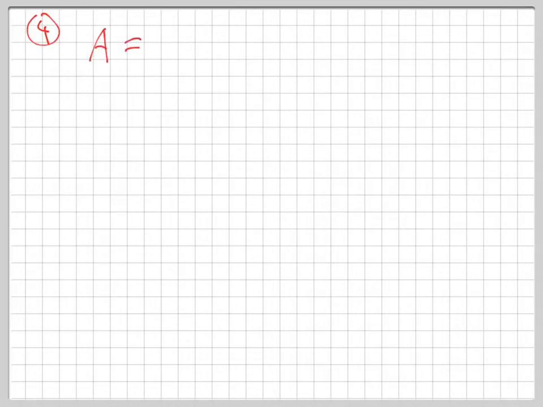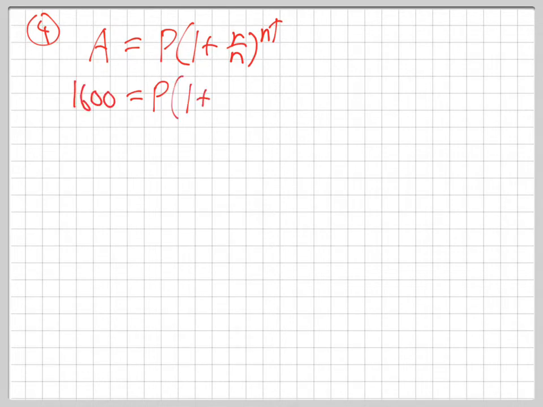We have A is P times 1 plus R over N to the NT. The principal we don't know. The future amount is the 1,600. The interest rate is 0.035 over N, twice a year compounding. T, time, is 9 years.